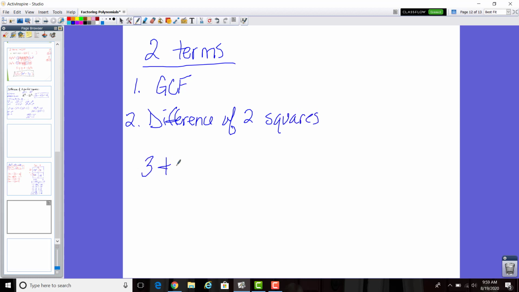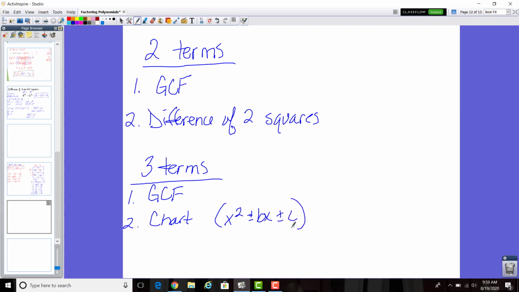What if we have 3 terms? Again, we could use GCF, and you always want to check for that first. But you could use chart as long as it is an x squared plus or minus bx plus or minus c term. Remember that x is a variable. It doesn't have to be x. It can be anything.